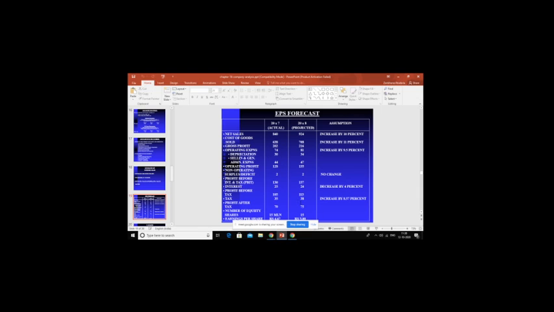It is something like, based on present information or past few years information, you can project each and everything, like what could be the sales for next year, what could be the cost of goods sold, what could be the GP. Okay, and based on that you can forecast EPS for next period.